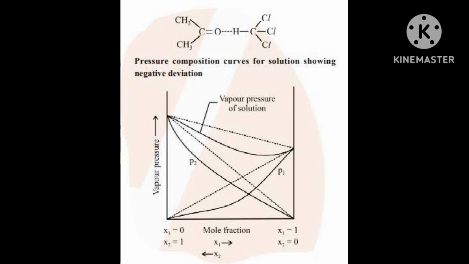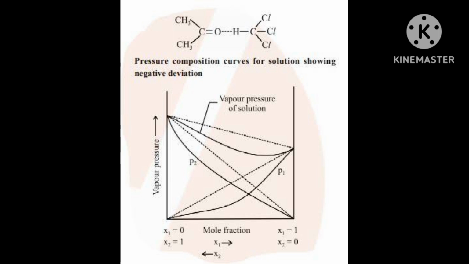If you join the maximum vapor pressure of solute and the maximum vapor pressure of solvent, that will tell about the total vapor pressure. One line you can draw, and the hypotenuse of a right angle triangle will form.